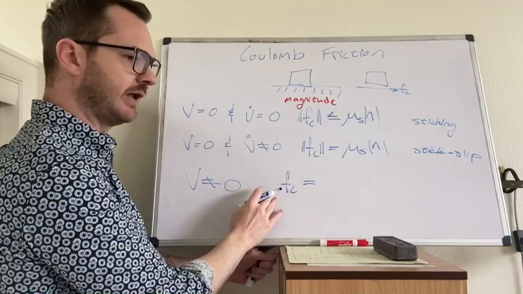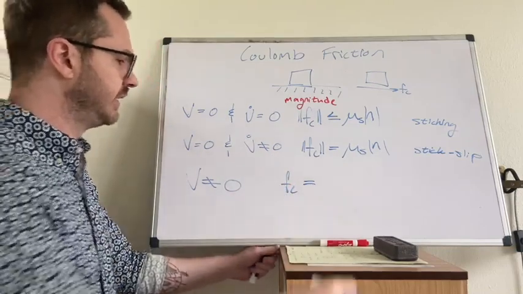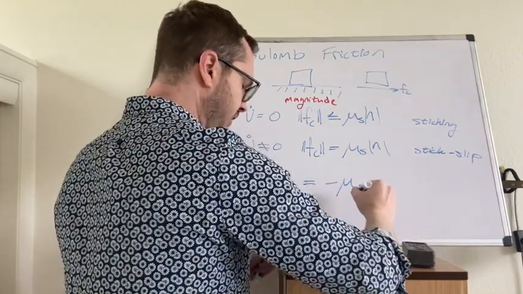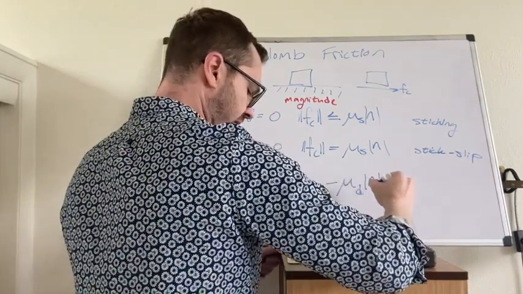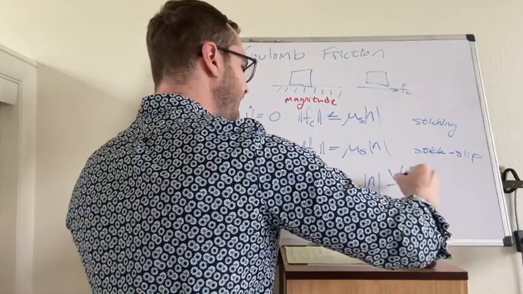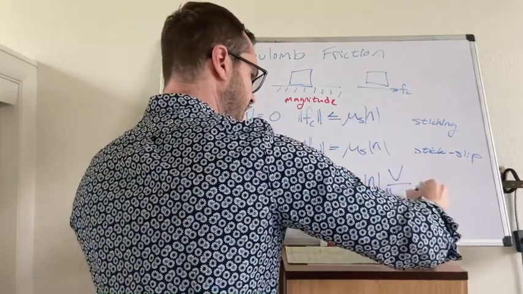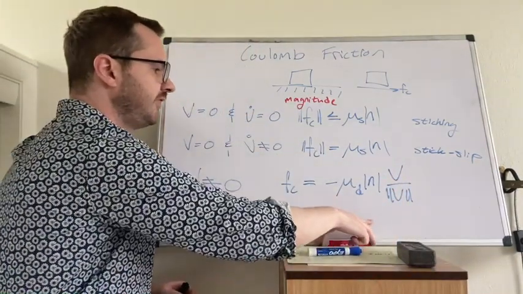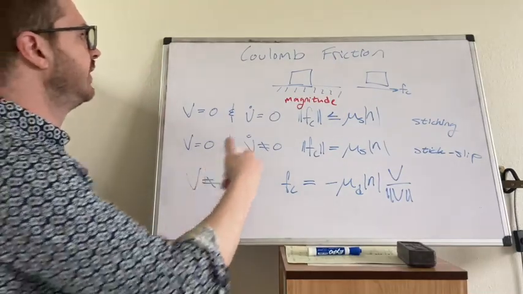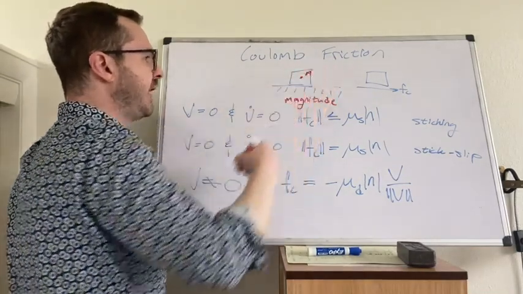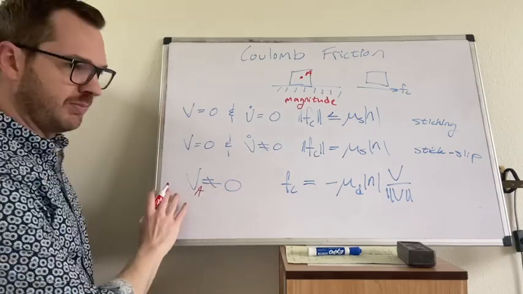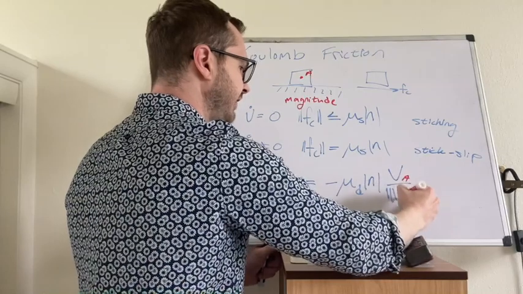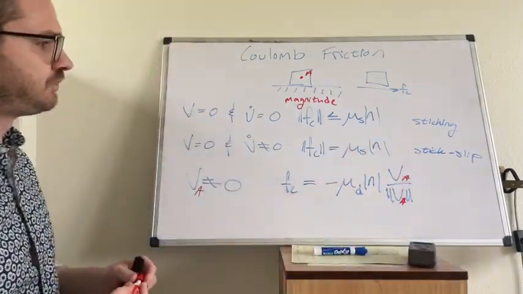This is going to be the actual vector of Coulomb friction, and it's equal to negative mu d multiplied by the absolute value of the normal force, and then it's V divided by the magnitude of V. Now I could put some notations on this. Again, we know that this is body A. So I'm talking about the velocity of A, Coulomb friction on A, normal on A. Here is velocity of A, velocity of A.